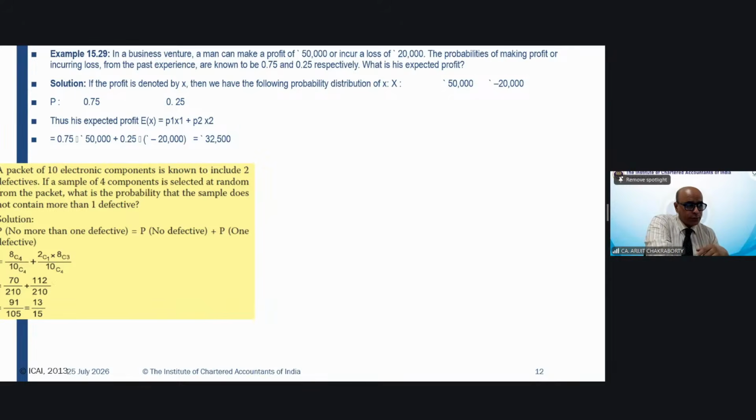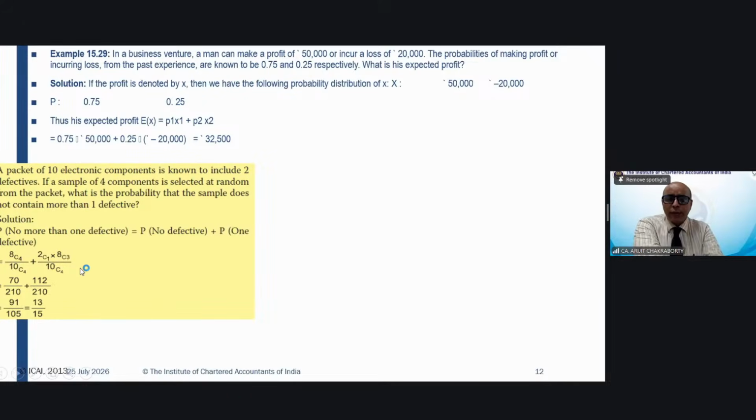In the second part, you can see 2C1 into 8C3. This signifies the probability of exactly 1 defective. I am drawing 4 items. Out of that, exactly 1 is defective. That means the other 3 are good items. Total number of good items is 8. And out of the 8 items, I will select 3. So it can be done in 8C3 ways.